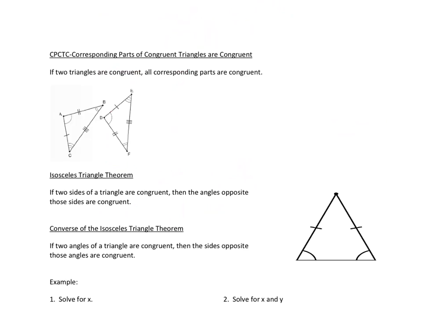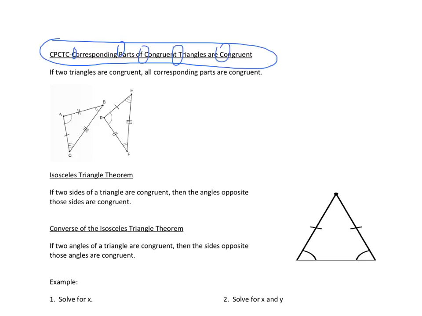And then we have a term we're going to use a lot as we move on here. It's called CPCTC, and it stands for corresponding parts of congruent triangles are congruent. And if you notice, there's the C, the P, the C, the T, and the C. That's where we call it CPCTC.